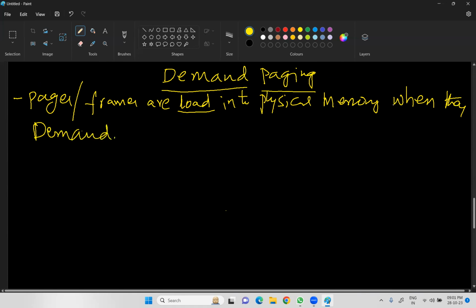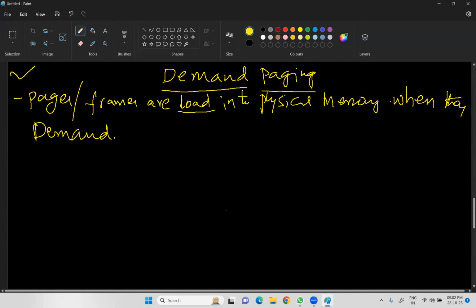Then only they will be loaded into the memory. Otherwise they will not be loaded into the memory here. As and when the process needs a particular page or frame, it will be obtained from the backing storage device, that is, the auxiliary storage device. So this is the general idea of demand paging here.